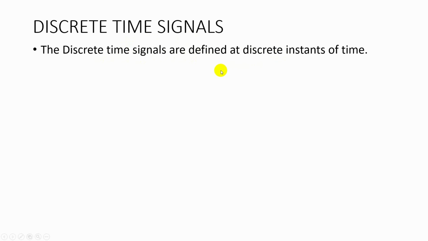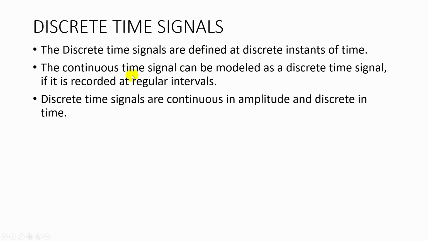We consider measurement of a person's body temperature per hour as a discrete time signal. Every continuous time signal can be modeled as a discrete time signal if it is recorded at discrete instances of time.